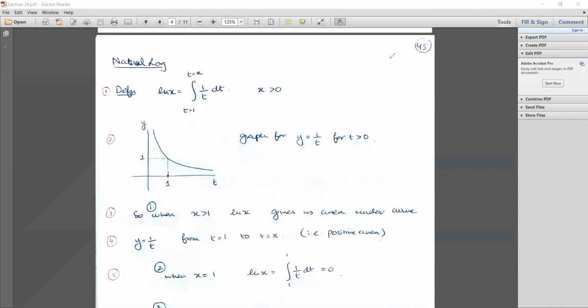Because remember, we're integrating from 1 to a number smaller than 1, and the resulting area is above the x-axis. So this area itself is positive, but because we're going in the opposite direction, it becomes negative. This is using the fact that the integral from 1 to x will be equal to the negative of the integral from x to 1.